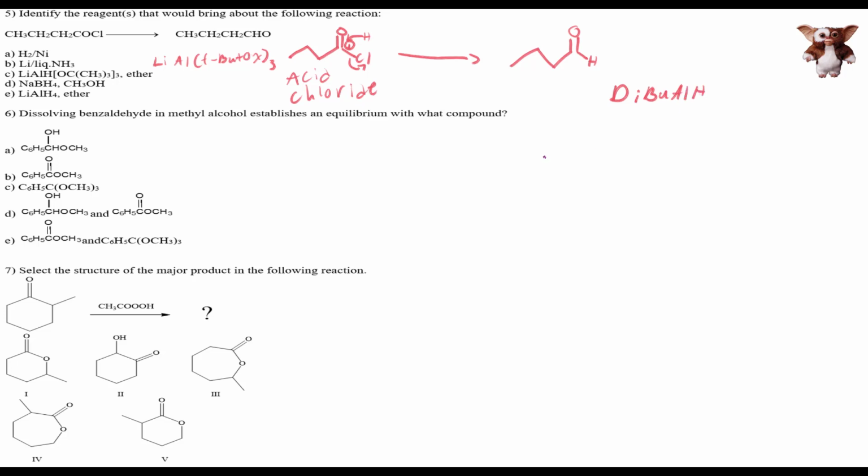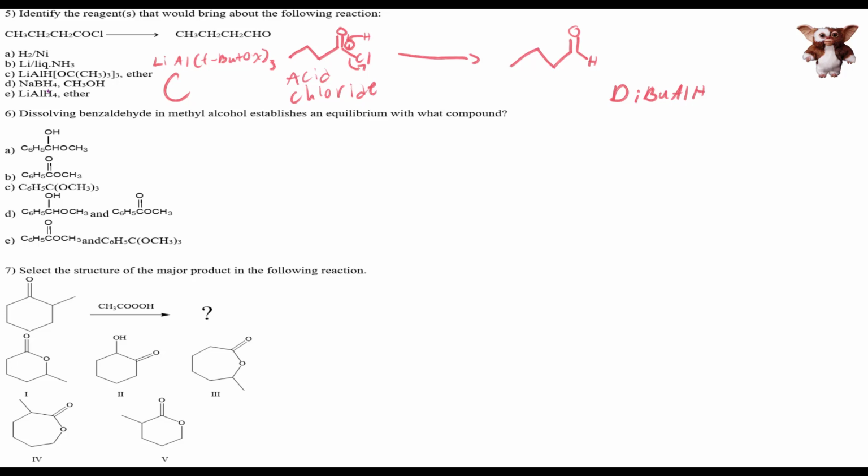So if you see something like that, it's going to react the same way. It's going to allow you to make an aldehyde. So that's it. The answer is C. Of course, E would be wrong because lithium aluminum hydride is too strong and it's going to be really reactive. C is like a watered down version of it, and it's going to allow us to do the reaction.